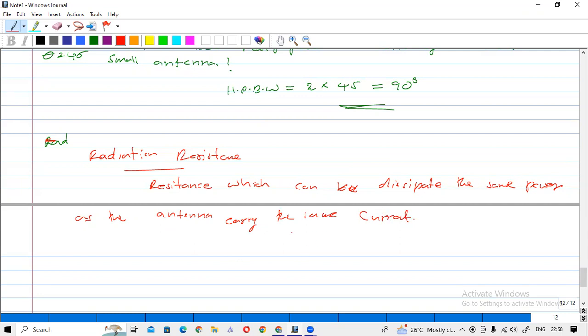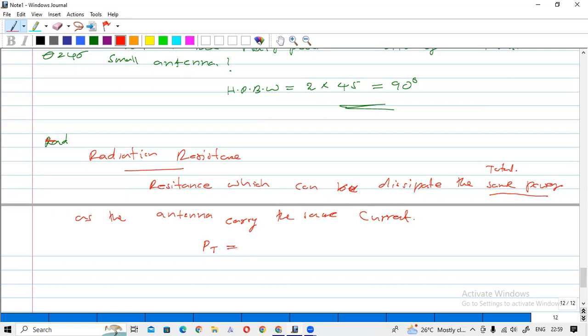The same power means the total power. It dissipates the total power when the antenna is carrying a current. If the current is flowing through the antenna and it is dissipating the total power, total power is PT.